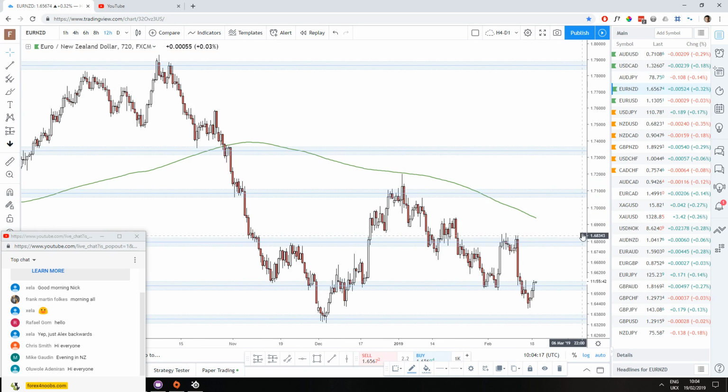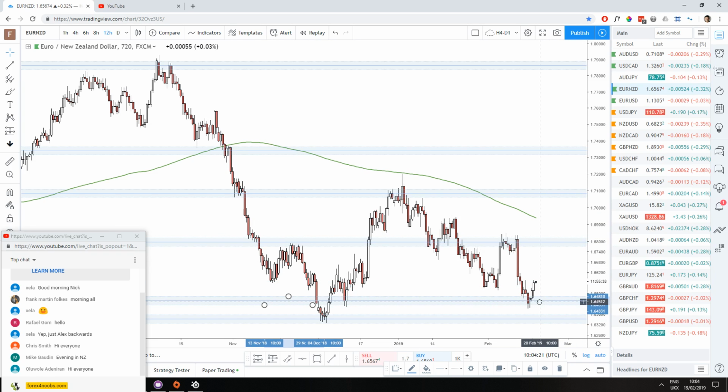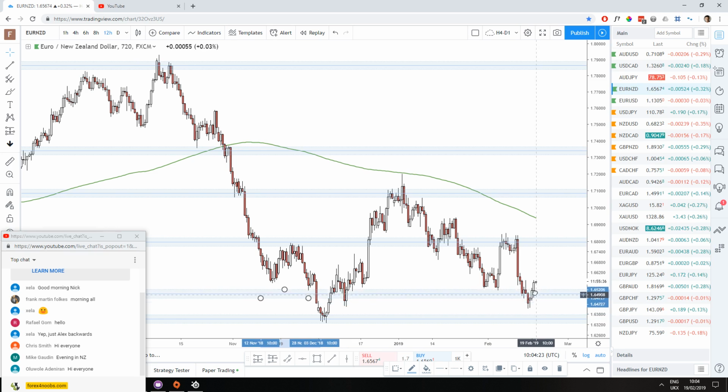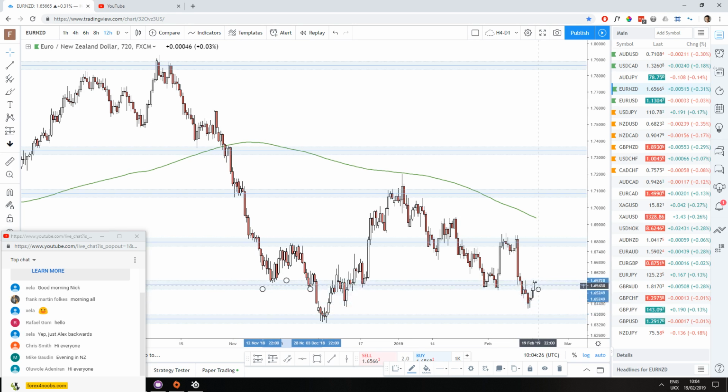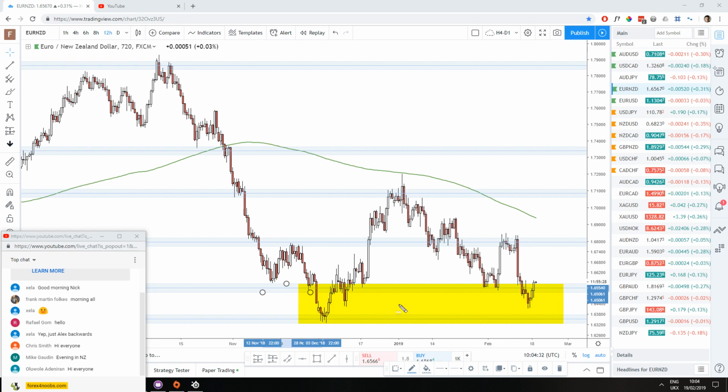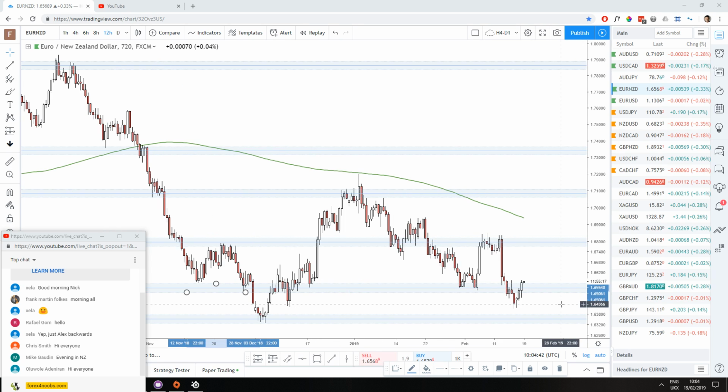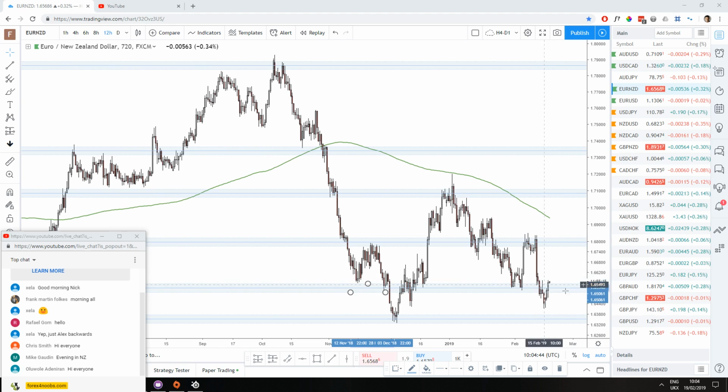Euro New Zealand. This one's a bit tricky because there could be support here. This area of support is just messy. There's a lot of support resistance throughout, basically starting here all the way down to this one. It seems like price bounces from this entire area. So either way, there's nothing happening there right now.